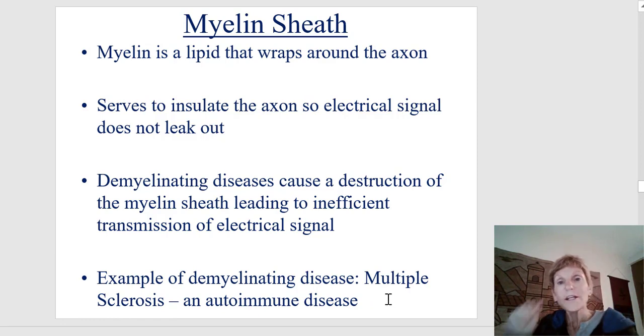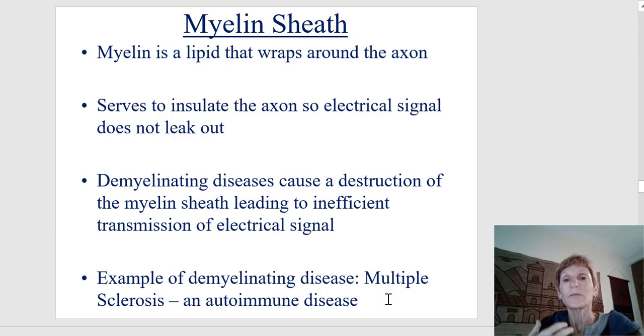And we're going to see a number of autoimmune diseases throughout the rest of the course. An autoimmune disease is a disease or a disorder in which your own immune system, that's what auto means, self, attacks something within your own body.